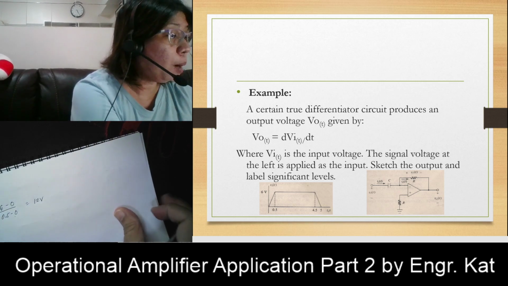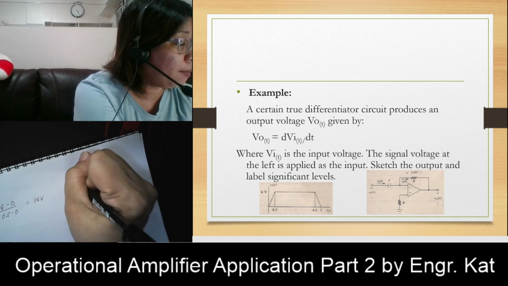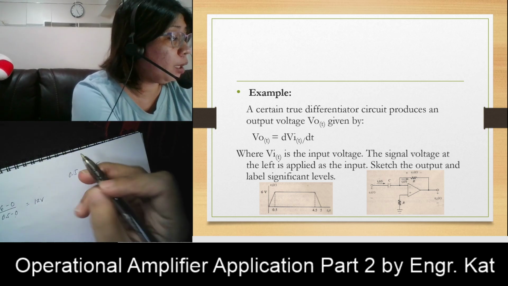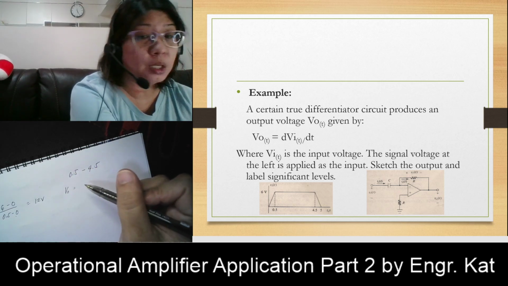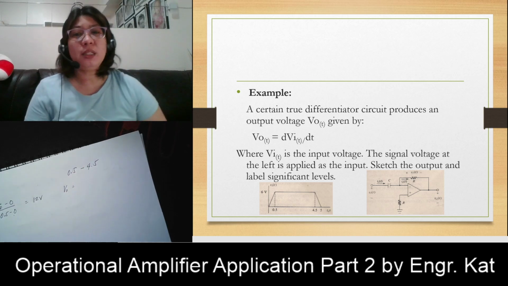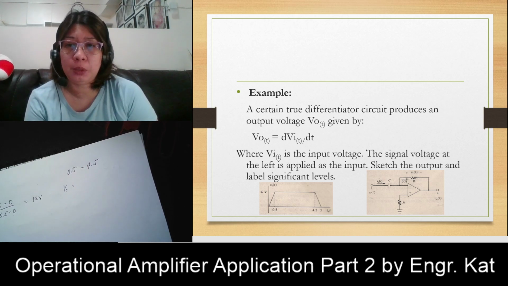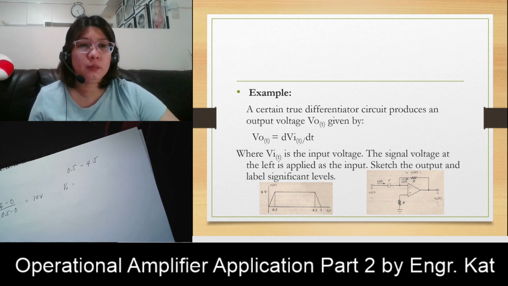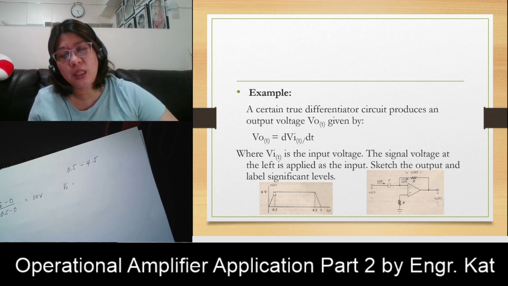Now, how about from 0.5 to 4.5? Your output voltage from 0.5 to 4.5 is, as you can see, there isn't any change in our voltage. From this point this is 6, and from this point this is also 6.